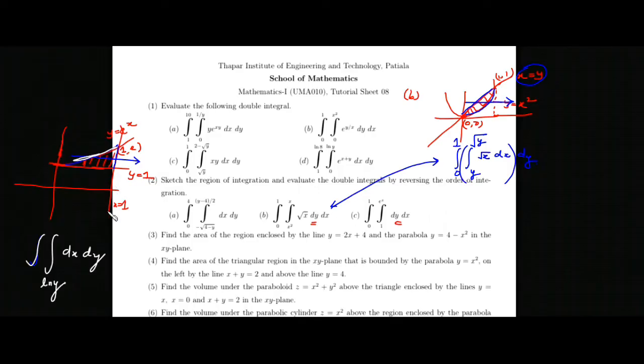Here the value of x is 1. And the minimum value of y in this region is 1 and the max value is e. So this is an equivalent integral of this by reversing the order of integration.